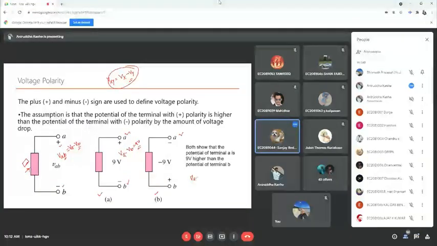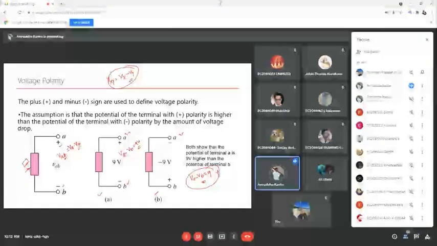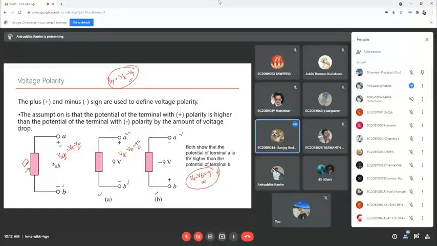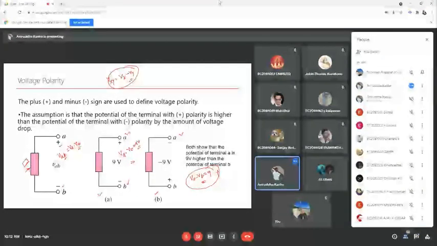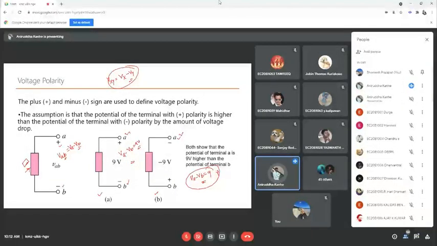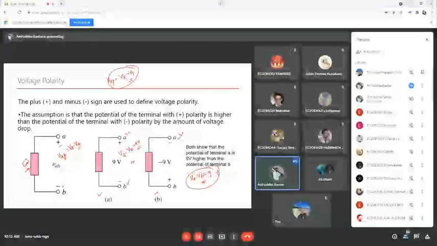Same, sir. No difference. There is no difference, right? It's just the representation. So this is VA minus VB is 9, right? So both are representing the same element.